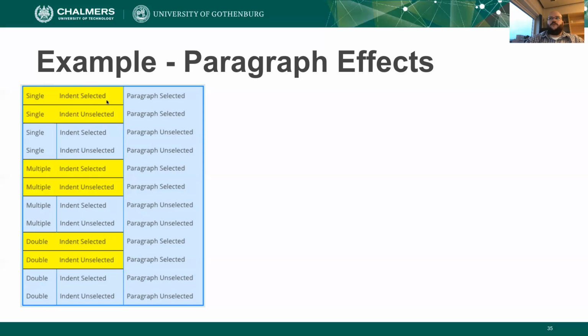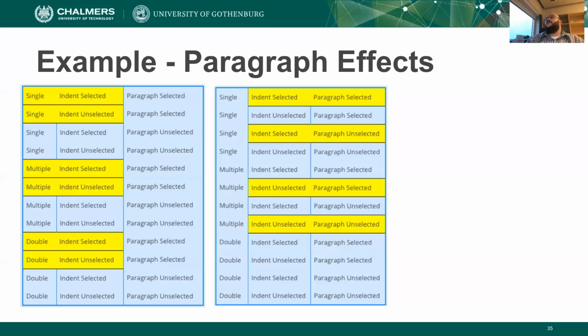We have 2 for the indentation, selected or not. And so we look at all the ways that we can combine those two: single and indent selected, single and indent unselected, multiple and indent selected, multiple and indent unselected, double and indent selected, double and indent unselected. Okay, so that's our starting point.